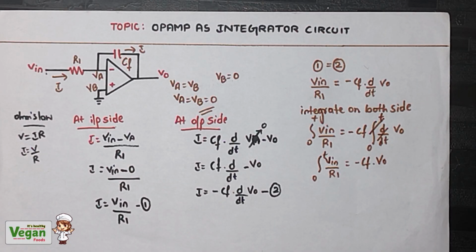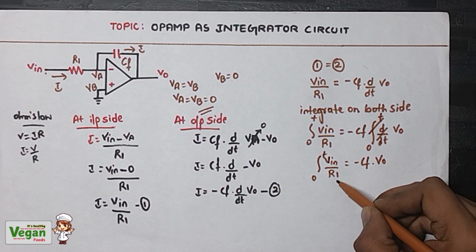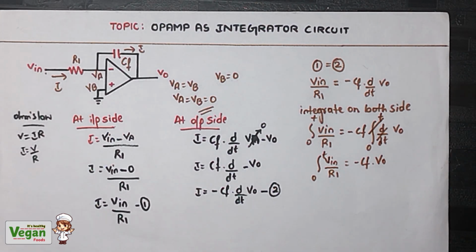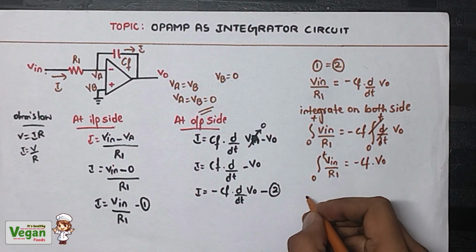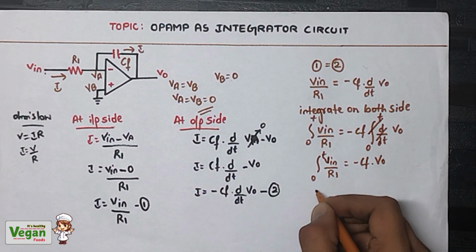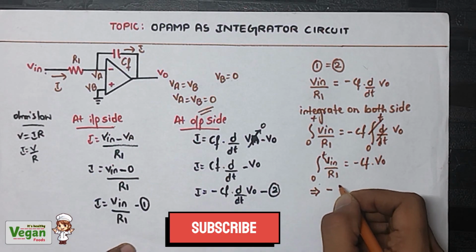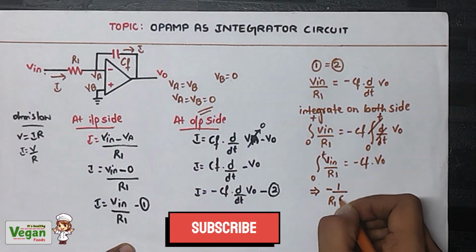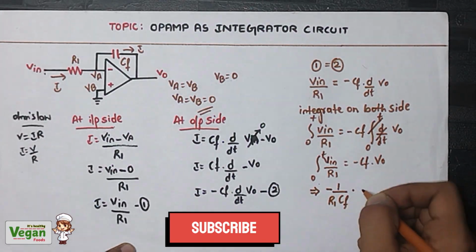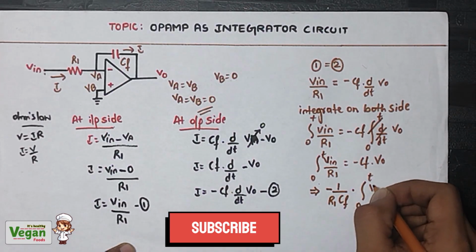So I will send the CF to the left hand side. It is in the numerator now; when I send it to the left hand side, it will become the denominator. R1 is also constant, CF is also constant, so Vout will be equal to minus 1 by R1 CF into the integration from 0 to t of Vin.